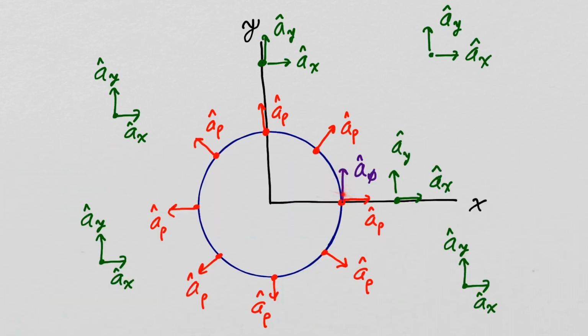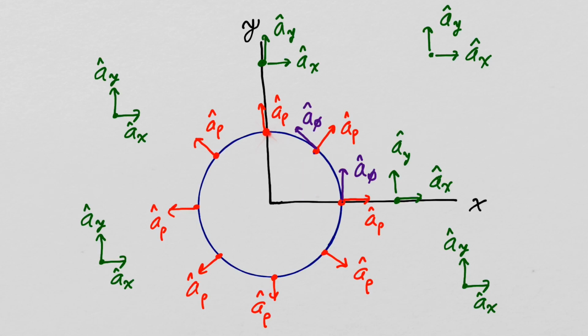Now if we're at this point here, here's our angle phi. So now increasing phi values would point in this direction. So there's our unit vector in the phi direction. At this point, phi has the value of pi over 2 radians, so that would be phi.